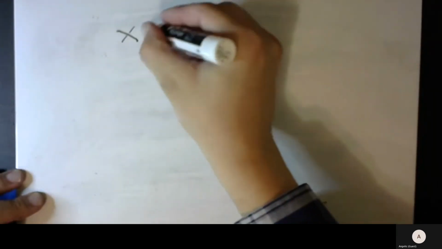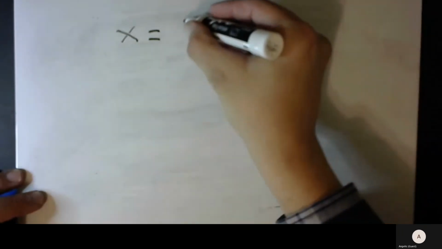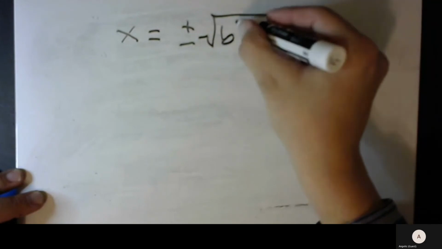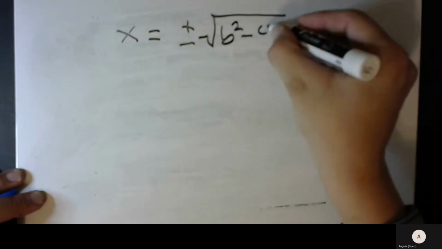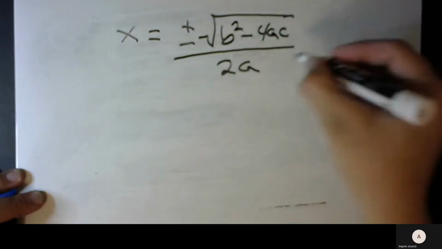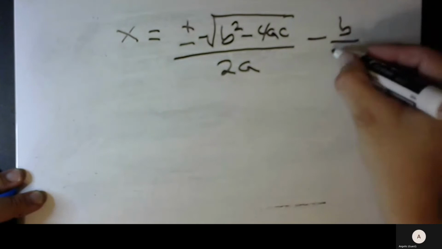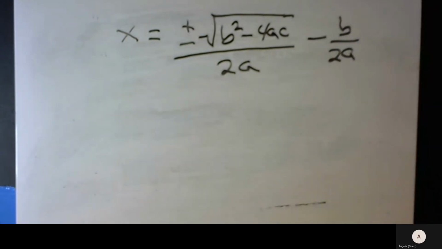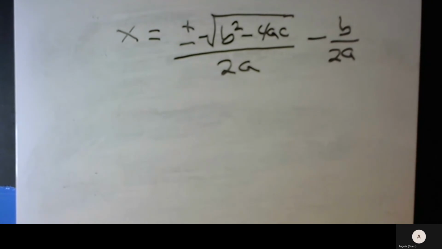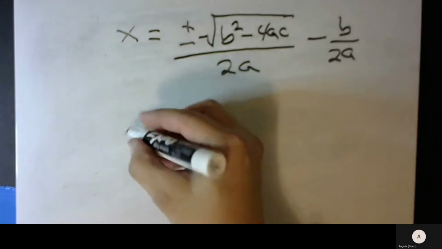So what this gives us, we'll have x equals plus or minus square root of b squared minus 4ac, divided by 2a, minus b over 2a. So now we can combine these. They have the same denominator, so they'll become a single fraction.